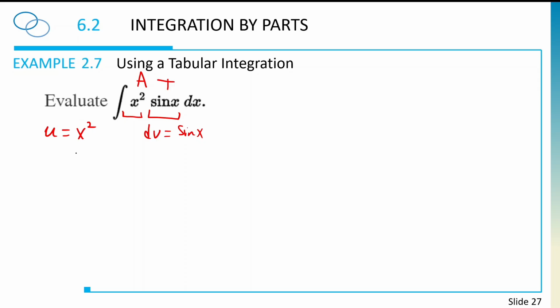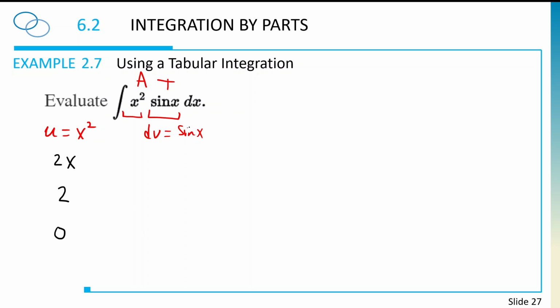So the first column always is the derivative. So this is 2x, one extra time, 2, one more time, 0, a stop. So I did it 3 times. Now I'll do exactly the same thing with dv, but integration. So the first column, derivative, the second one, integration.